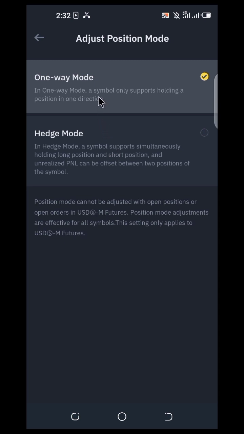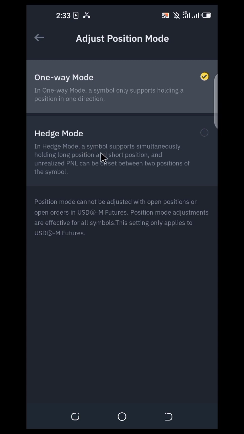So for example, when you're using the hedge mode and you open a long position for BTC, that means you are predicting that the price of BTC will go up, then all of a sudden you realize that the price of BTC is going down. With the hedge mode, it allows you to open two positions at the same time. So you can quickly open a short position and it will be going in the opposite direction. So while the open long position is giving you a negative, the open short position will be giving you profit. So basically this one allows you to open two positions at the same time.